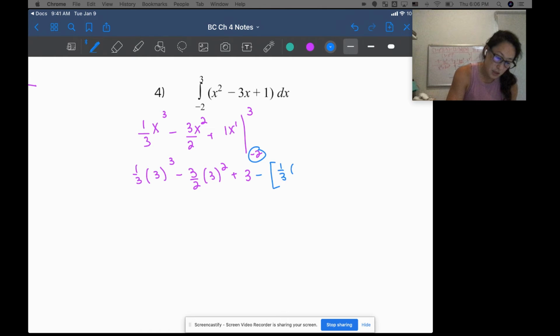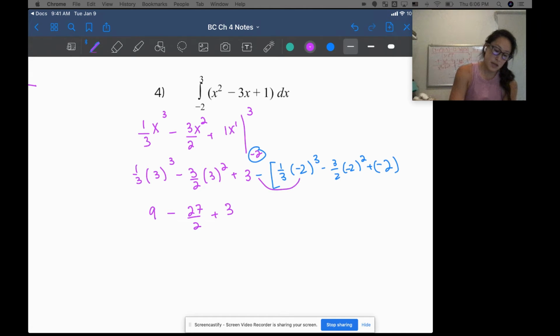So 1/3 times -2 cubed minus 3 over 2 times -2 squared plus -2. All right, simplify. I get 9 minus 27 over 2 plus 3.